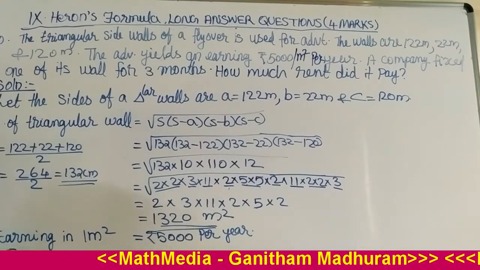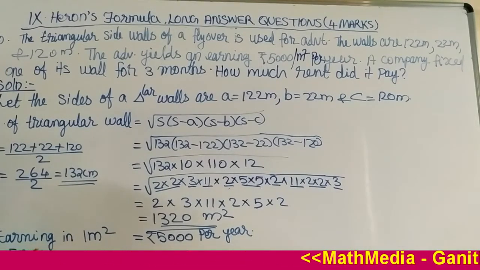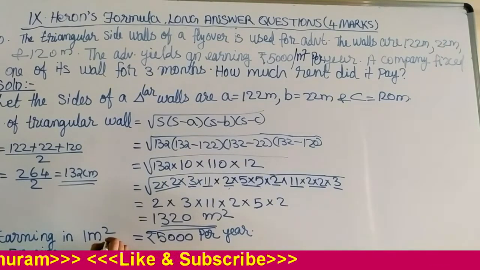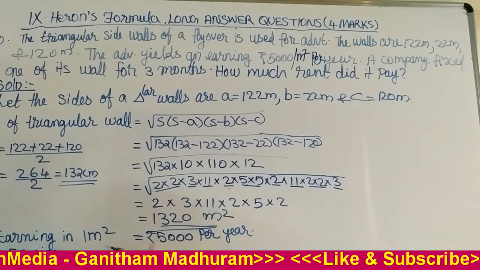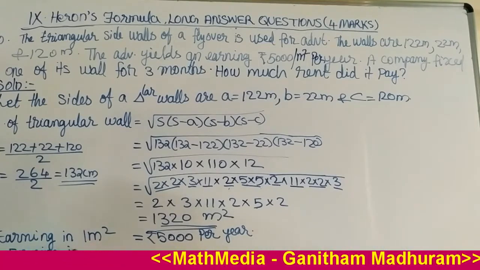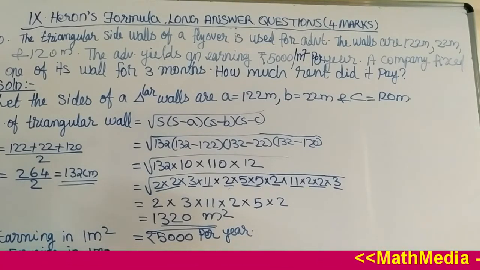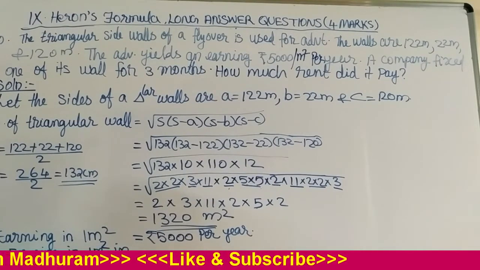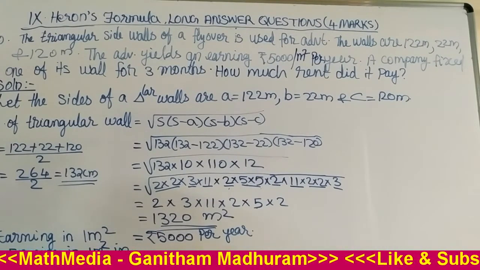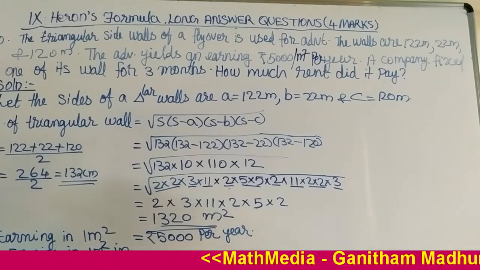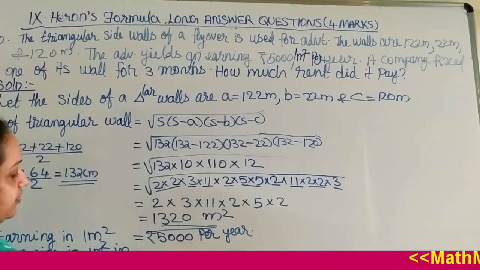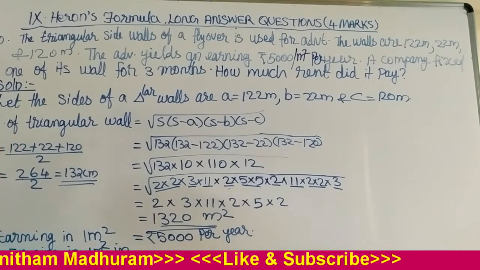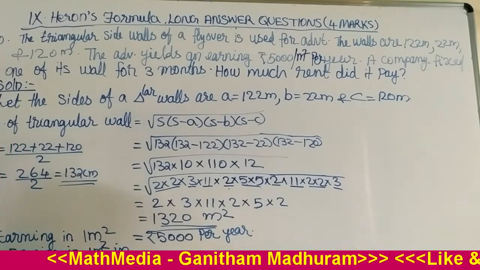Therefore, earning in 1 meter square in 1 month equal to rupees 5,000 upon 12. This is the earning in 1 month.